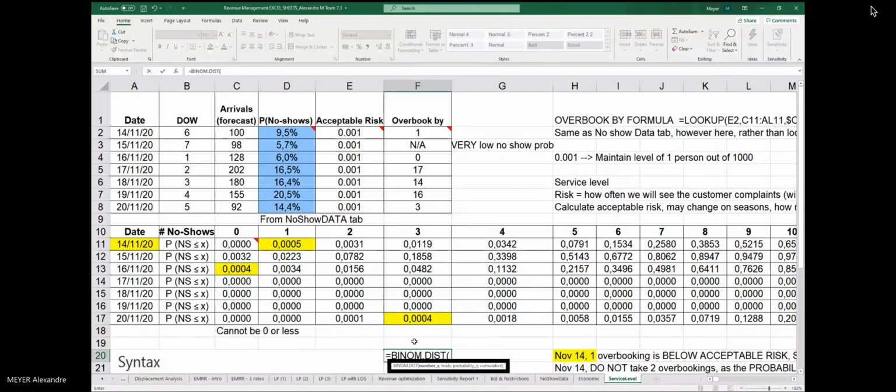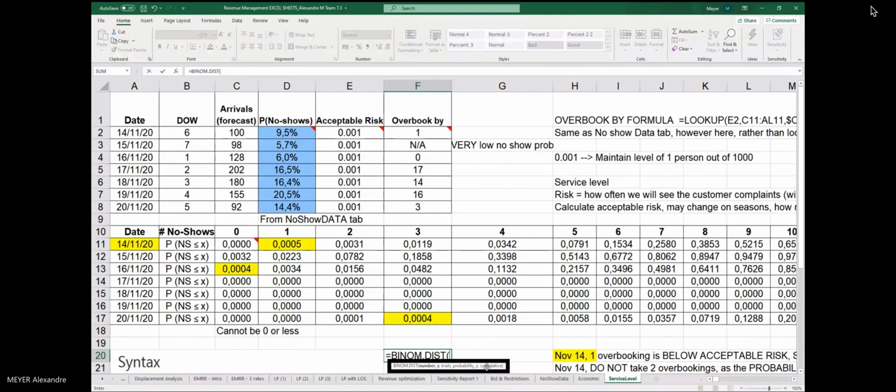S is the number of successes, trials is the number of trials. So how many no-shows out of the arrivals forecast? Right? Then you're looking at the probability S, which is the probability of a no-show, right? Because you can't just say what is number S out of how many no-shows out of trials. You have to also include the probability. In relation to the probability, how many no-shows am I going to get out of X amount of trials, right?